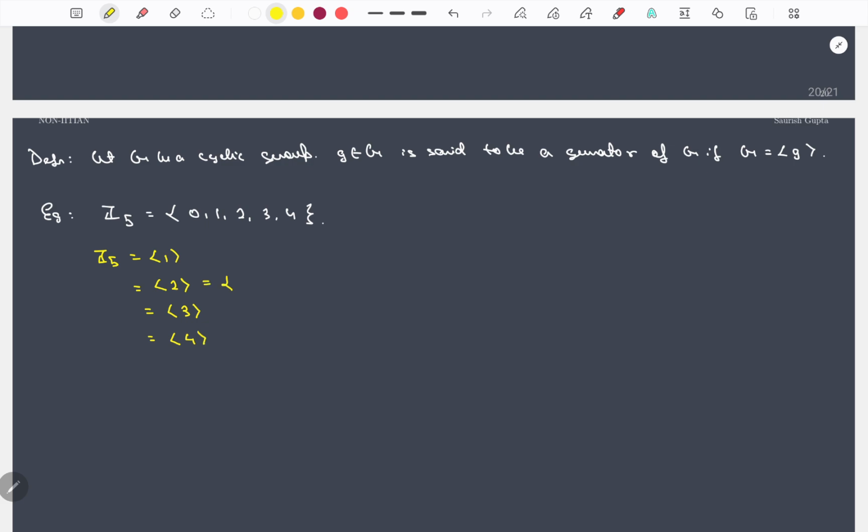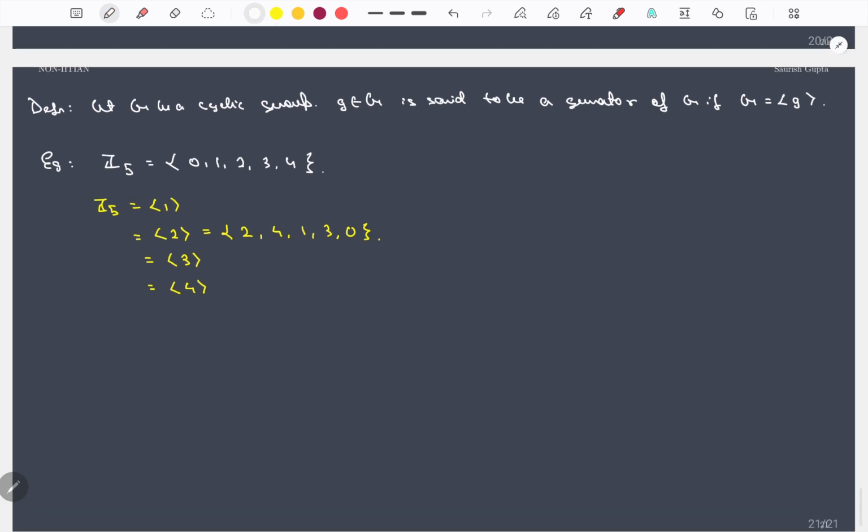So let us just verify this. 1 times 2 will be 2, 2 times 2 will be 4, 3 times 2 will be 6, which is 1 modulo 5. 4 times 2 will be 8, which is 3 modulo 5, and 5 times 2 will be 0. And similarly, you can see that 3 and 4 also generate Z5.